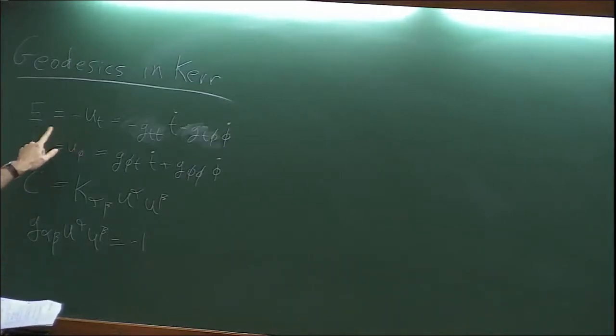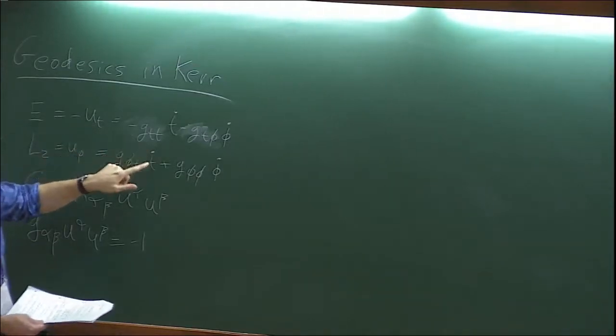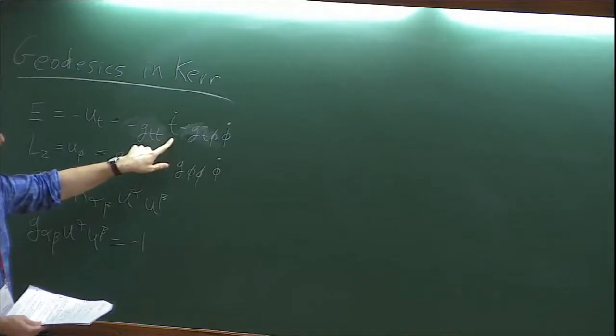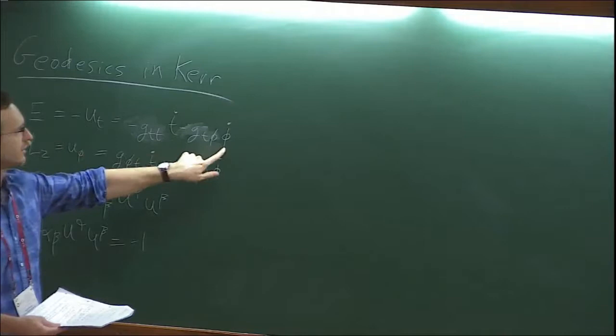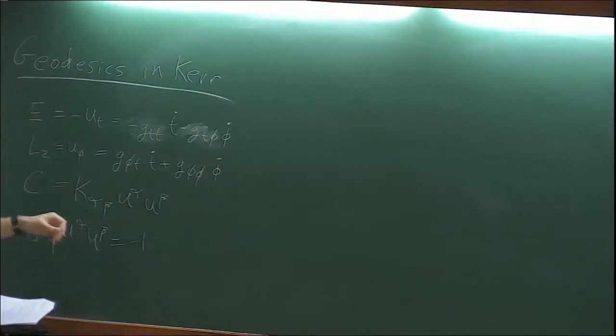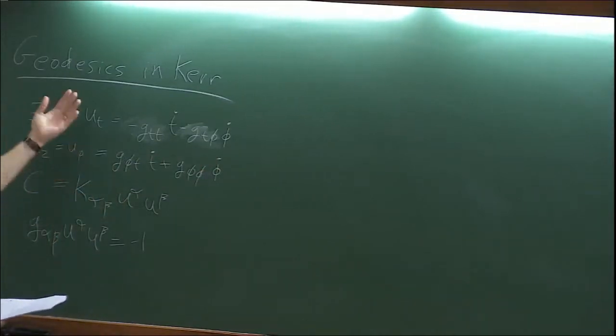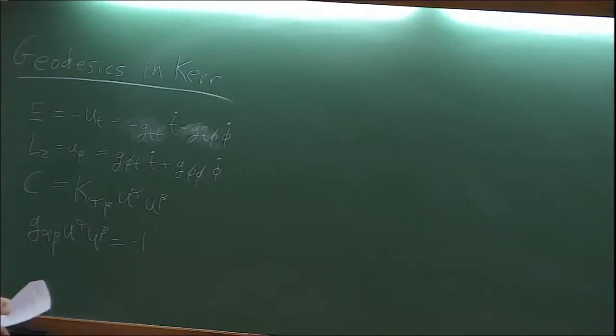As an example, for E and Lz, you can write minus u_t as minus g_tt t dot minus g_t phi phi dot, where t dot is the proper time derivative of t. So you write everything in terms of things with indices up.